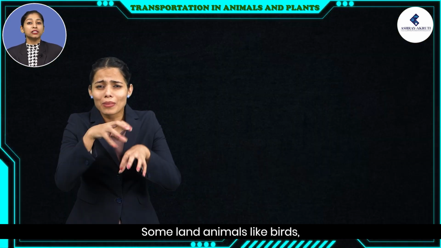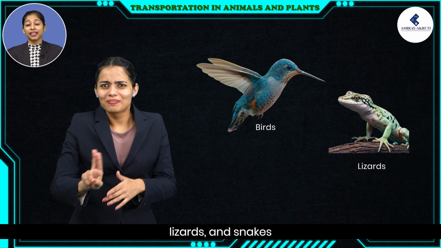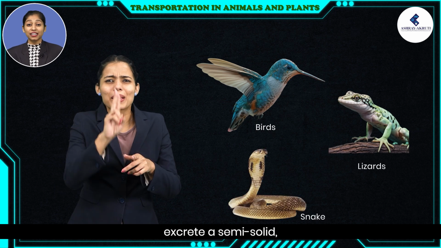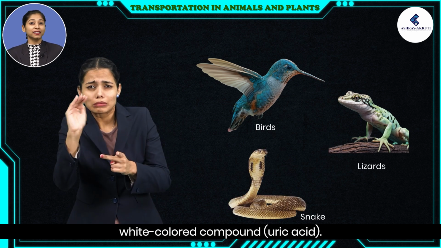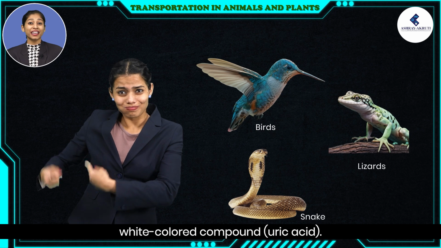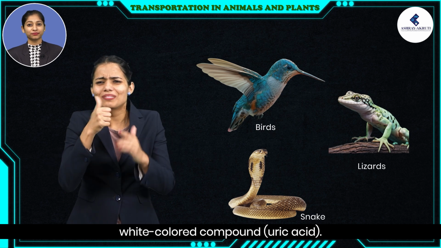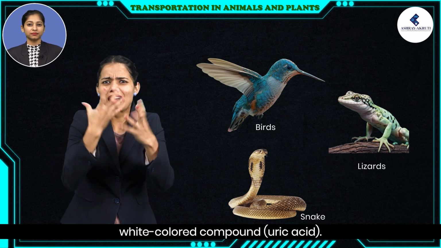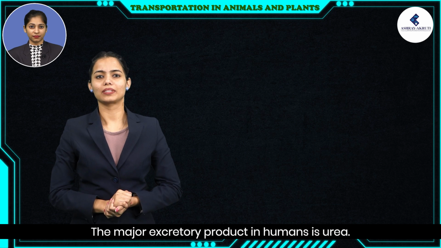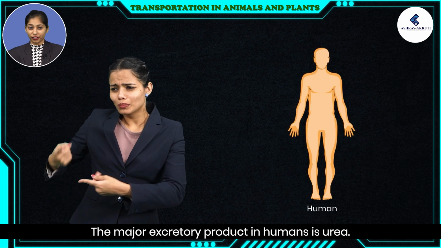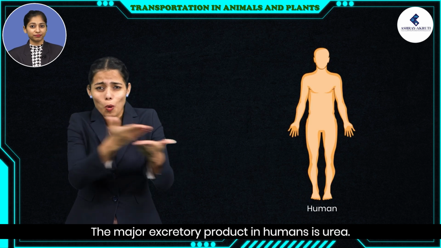Some land animals like birds, lizards and snakes excrete a semi-solid white-colored compound, uric acid. The major excretory product in humans is urea.